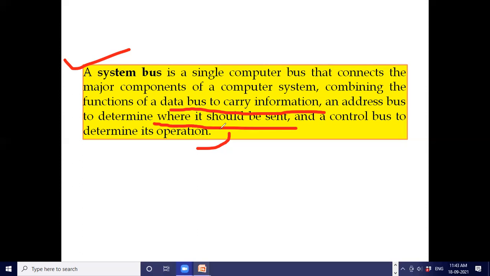So there are many different control signals, and these operations are determined with the help of the control bus. तो ये जो तीन हैं, तीनों बस को यूज करके हम सिस्टम बस बनाते हैं. So the system bus is a single computer bus that connects the major components of a computer system, combining the functions of a data bus to carry information, an address bus to determine where it should be sent, and a control bus to determine its operation. Is it clear?